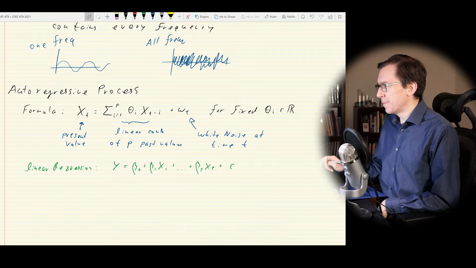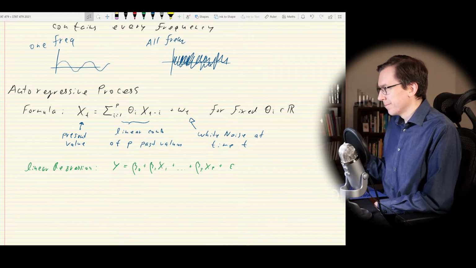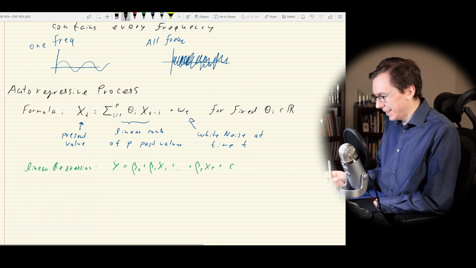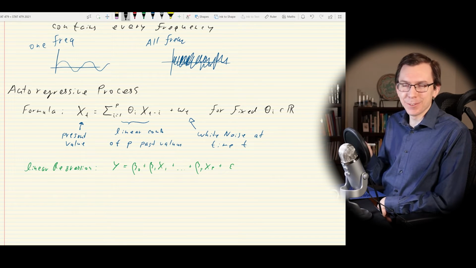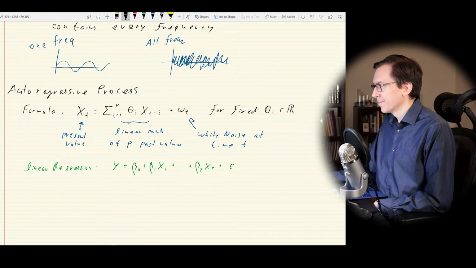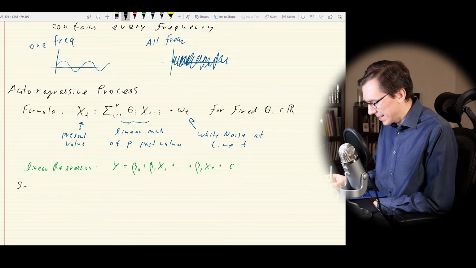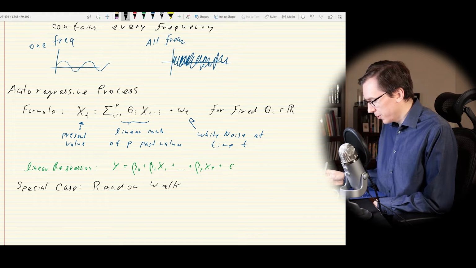So we have some very specific examples. A very special case that we'll be looking at a lot is the random walk, which has the formula x_t equals x_{t-1} plus w_t.